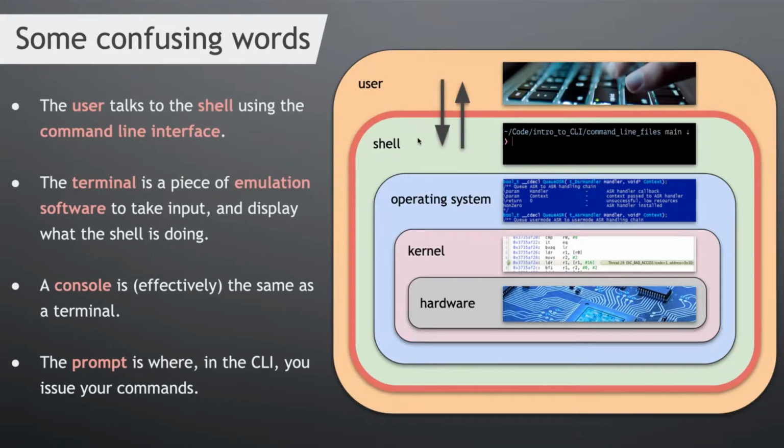And we are issuing commands, and the shell is letting us know what happened, and it's carrying out those commands. And the rest of the computer, the operating system, the kernel, the hardware, is not really our concern. It can be, if you're trying to work deeper in the machine, then yes, the shell can communicate. But still, the point of the session today is that we're going to be learning how to communicate with the shell using a terminal to do so.